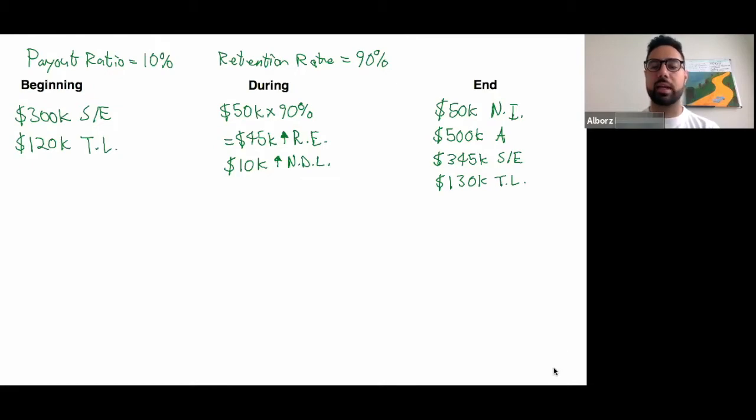Now we apply the net new financing formula. To recall, net new financing equals projected assets minus, in brackets, projected liabilities and equity. So in our case, that means $500,000 in projected assets minus the sum of $130,000, which is our projected liabilities, and $345,000, which is our projected equity.